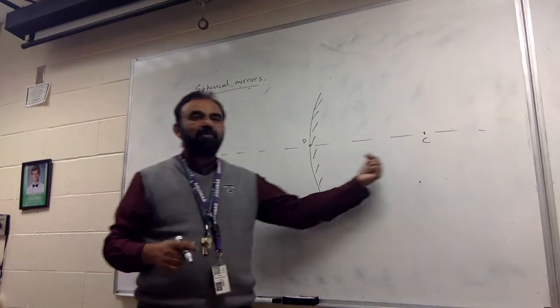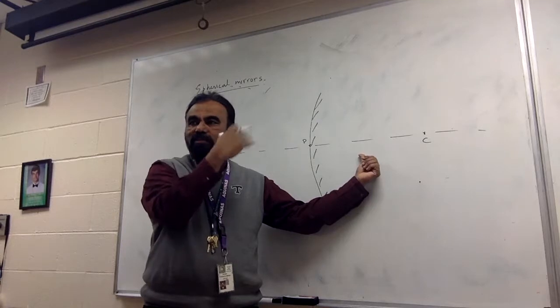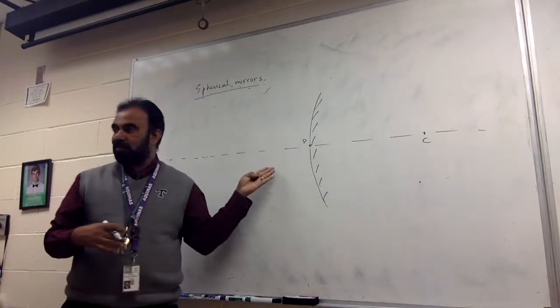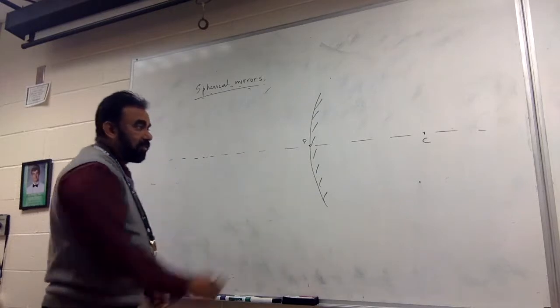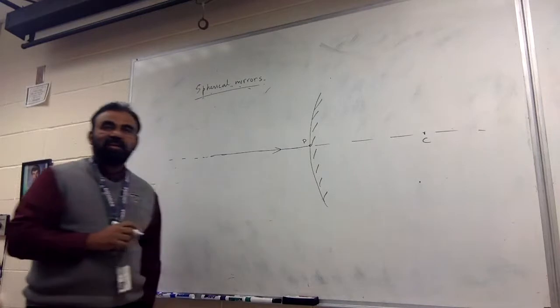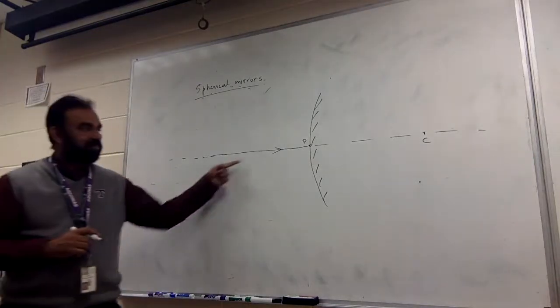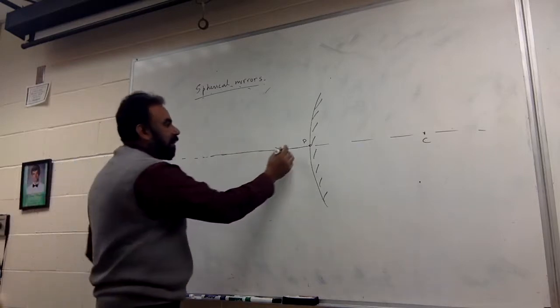And obviously nothing's going to happen, no activity is going to be seen from this side, right? Because that's a coated side. Reflection is going to be on this side only. Reflections, if at all there is any, this side. So if you have a light ray going like this, what will happen to that light ray? Bounce right back.